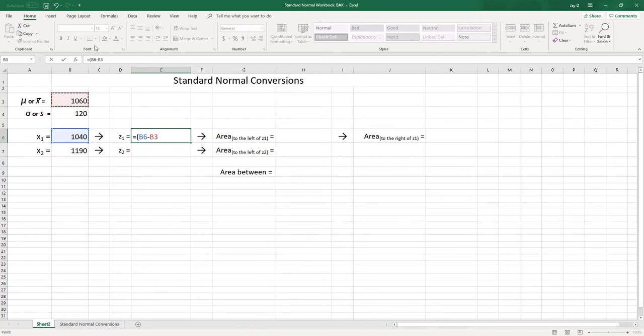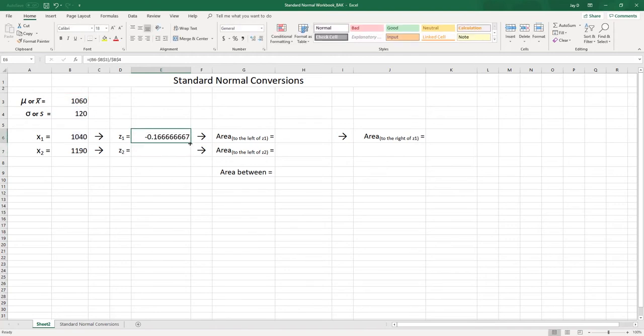And that one I always want to be drawn from that particular cell, so I am going to put my dollar signs on that. Now I close parenthesis. Divided by my standard deviation, and that I always want it to be called from that cell. That's a static cell reference, so I'm going to add my dollar signs to that and press enter.